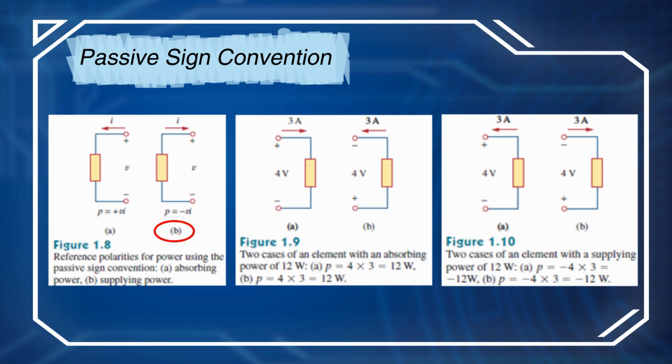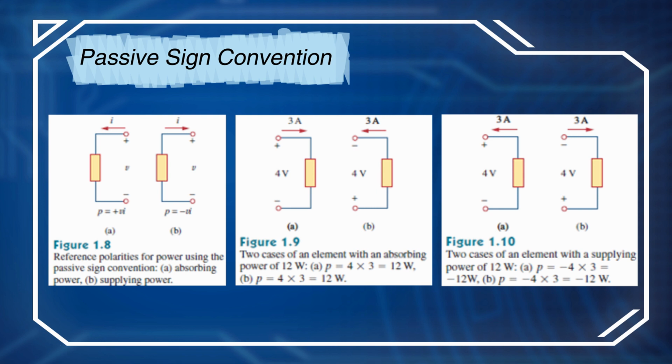For Fig B, the current enters the element through the negative polarity of the voltage, so the power is supplied by the element, and then P equals negative V multiplied by I.